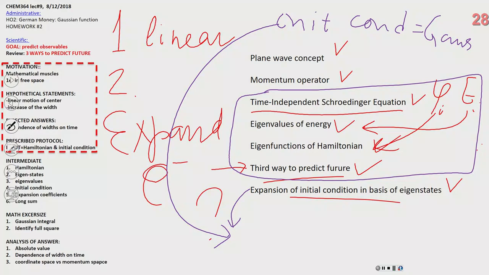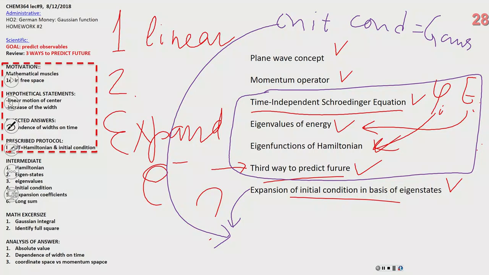Do not feel irritation, do not protest, I'll come to this again. In order to practice the third way to predict the future, we need to project the initial condition onto eigenstates, right? Multiply the initial condition times the eigenfunction and integrate to get this C sub k coefficient, right? So we will do it.